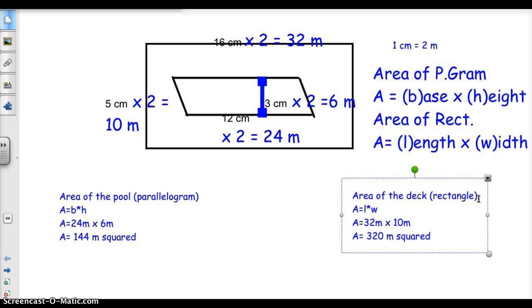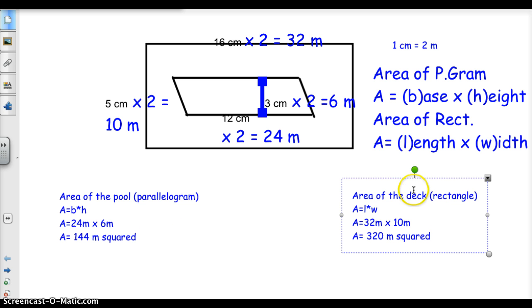Remember, when we're working in area, it's meters squared because I'm working in 2 dimensions, the length and the width. A single dimension, just the length around something, is not squared. That's how we do perimeter. And when we get into volume, it's length times width times height, so there are 3 dimensions, so it becomes cubed. You can write meters squared, or you can draw a little 2 with a pencil. I can't do that on this thing right now.